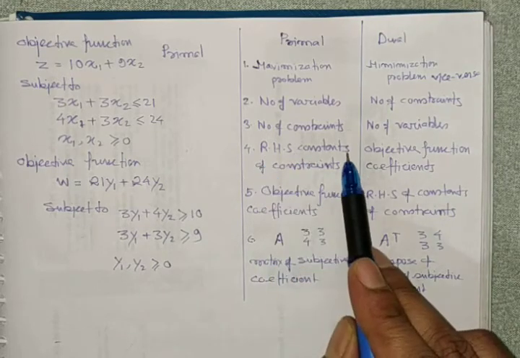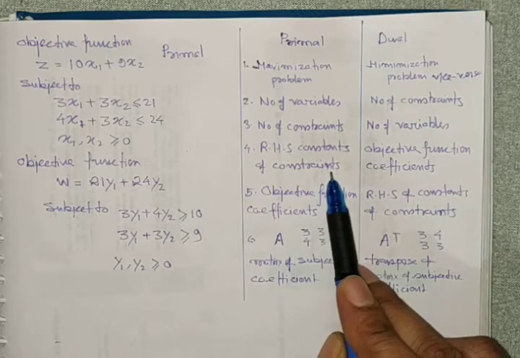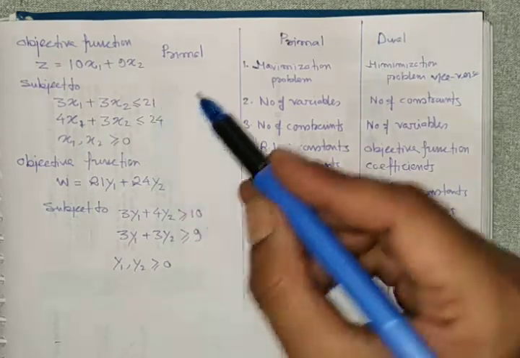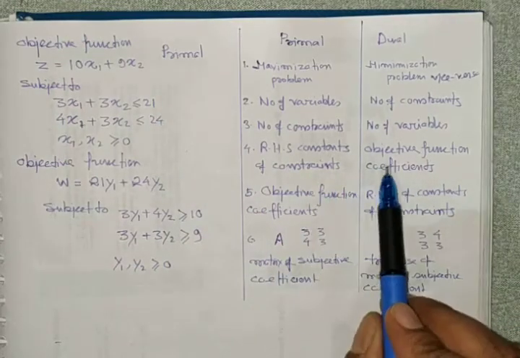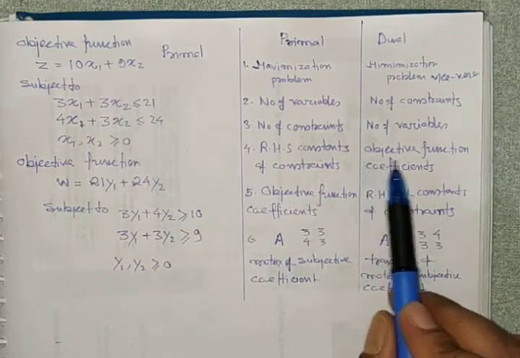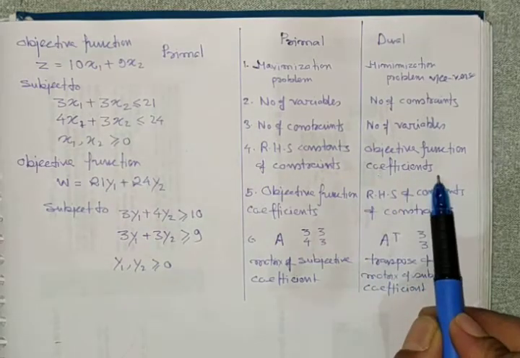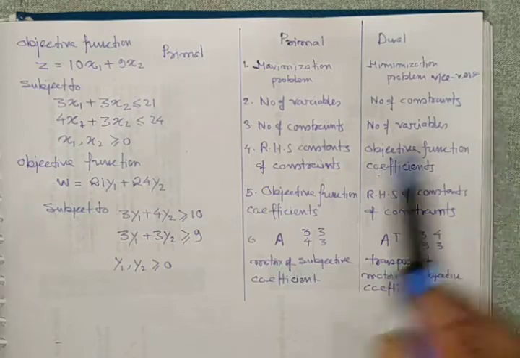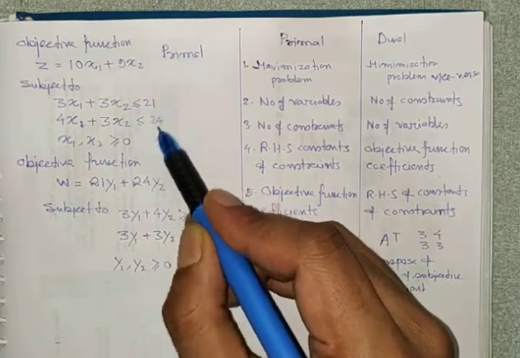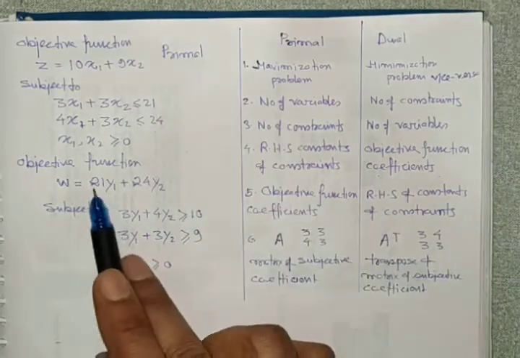The right hand side constants of the constraints become the objective function coefficients for the dual. So these are your right hand side constants, 21, 24, 21, 24.